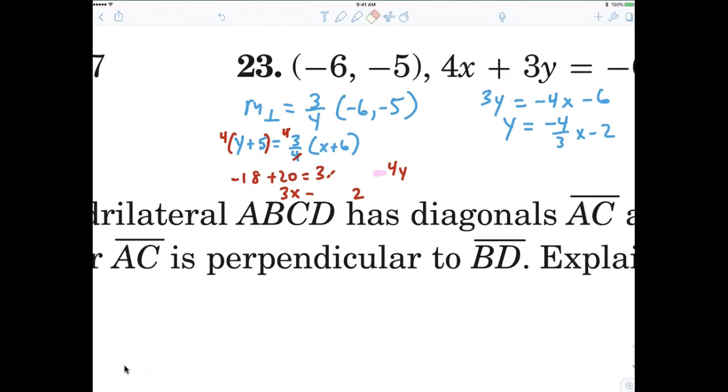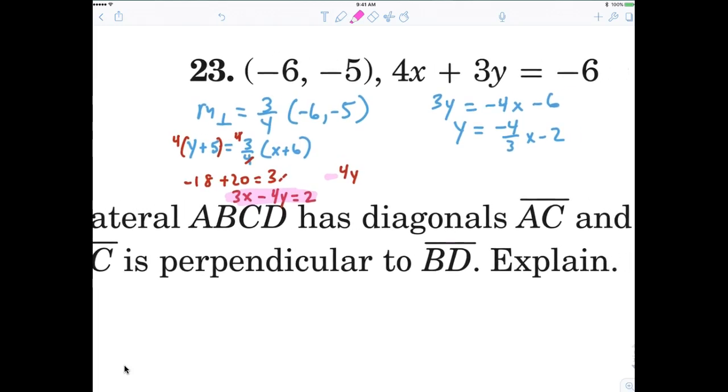Sorry about that. That's a little step right there. 3x minus 4y equals 2. And that's your equation written in standard form, perpendicular to 4x plus 3y equals -6 and passing through the point (-6, -5).